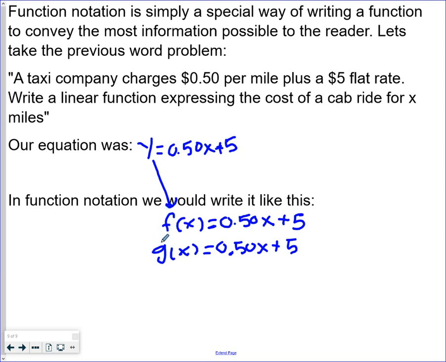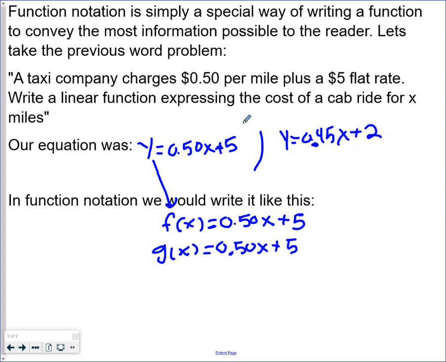And the reason we do this is because, let's say I had a bunch of different cab companies that I was analyzing the costs for. I wouldn't have to write down a bunch of y's here. Let's say another cab company is 45 cents a mile and a $2 flat rate. I'd write down y equals 0.45x plus 2.